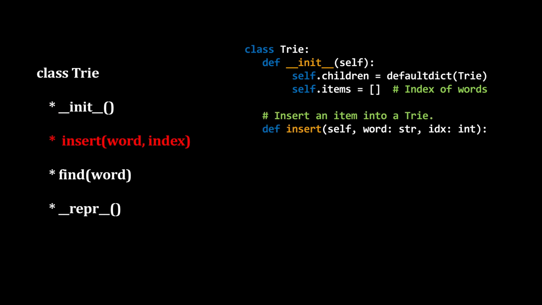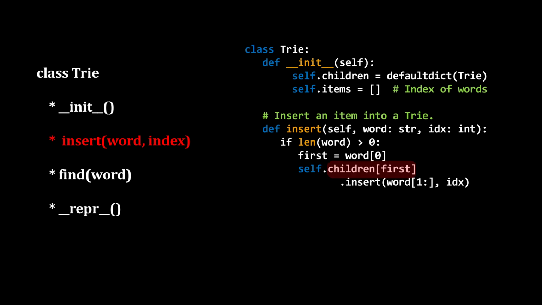The insert function at the root node takes the word and its index. Each call to insert removes the first character of the word, uses it to find the right child, then recursively calls insert on that child with the rest of the word. If the word is empty, this means we have reached the end of the word. Since we want to know all words with a particular prefix, we add an index to the list of every node, not just the last one.